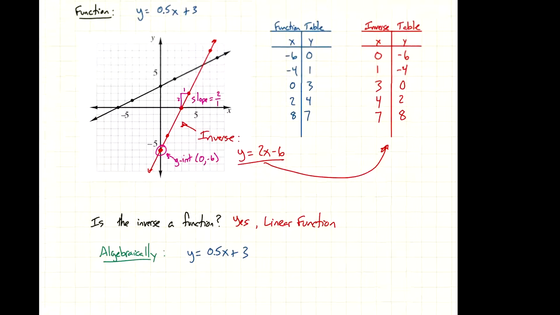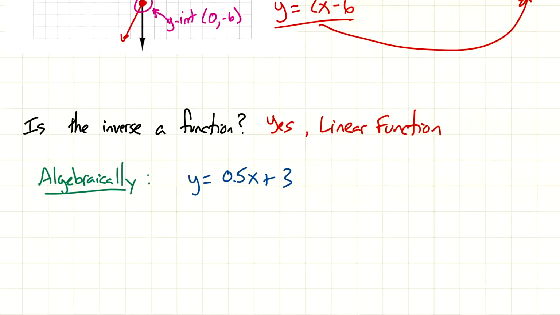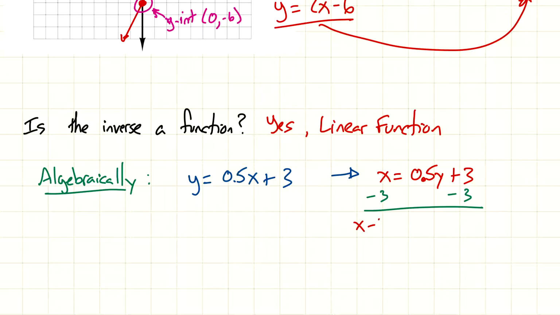Our steps would be to swap our x's and y's. So this becomes x equals 0.5y plus 3. Then we would solve for y: minus 3 to both sides, giving us x minus 3 equals 0.5y.